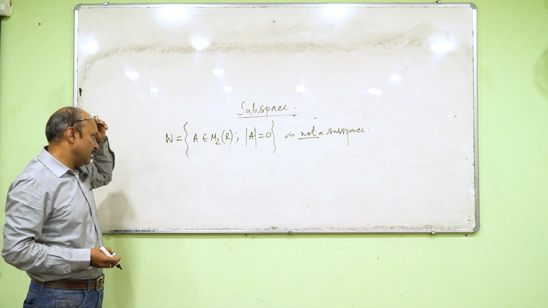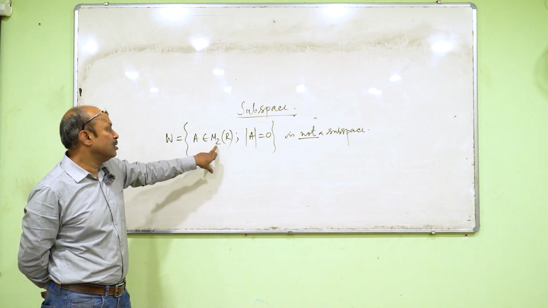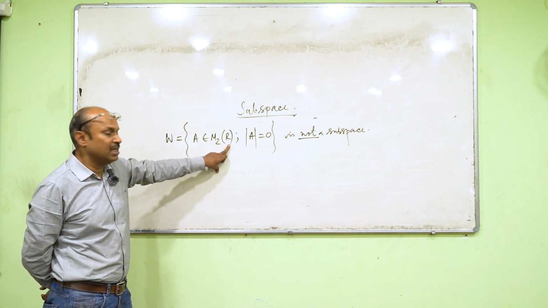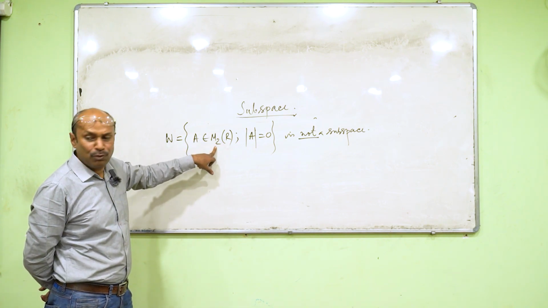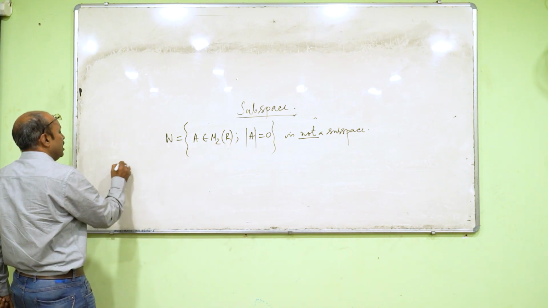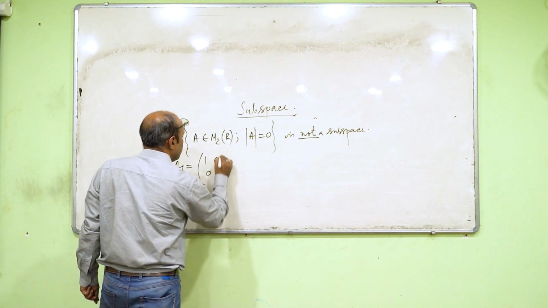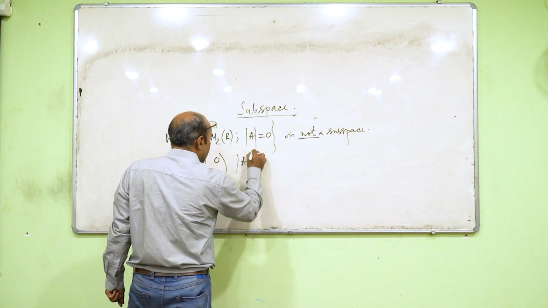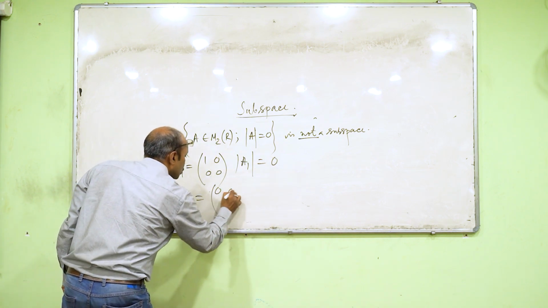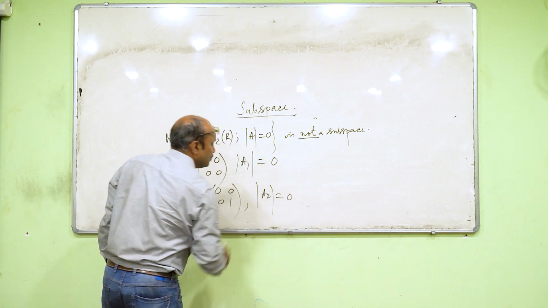Here capital W is a non-empty set of matrices over capital R, and the matrices are of the form 2 cross 2. Let us suppose we take A1 equals 1 0 0 0, whose determinant equals 0, and A2 equals 0 0 0 1, whose determinant is also 0.